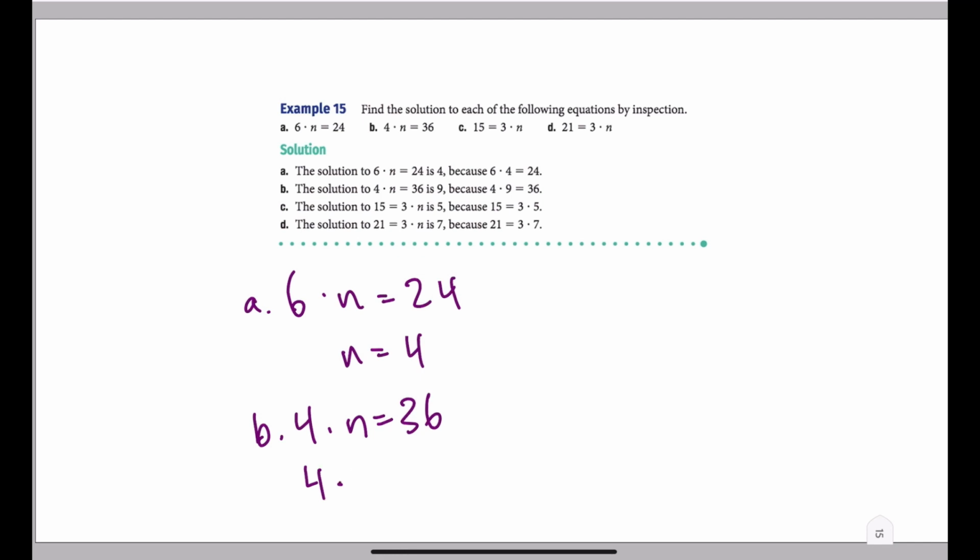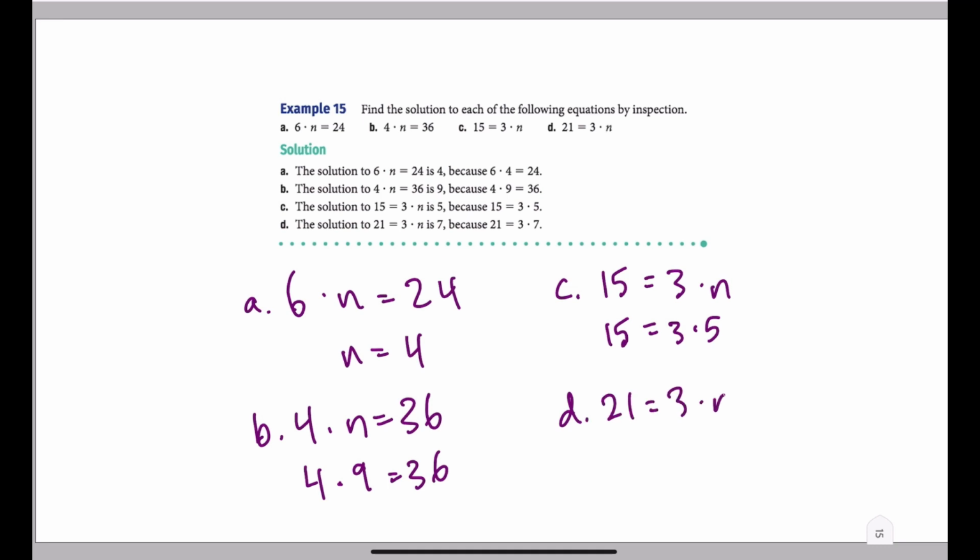Yeah, 4 times 9 equals 36. C, 15 equals 3 times a number. 15 equals 3 times 5. So that number is 5. All right, D, 21 equals 3 times a number. Well, that number has to be 7.